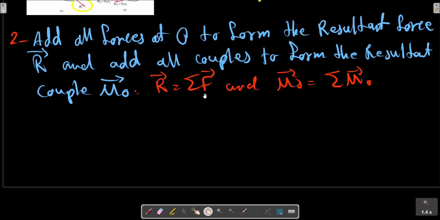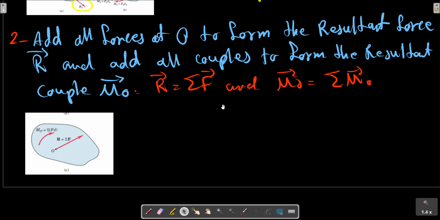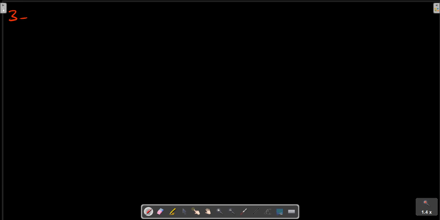Consider this picture for this stage. The next and the last stage is 3.